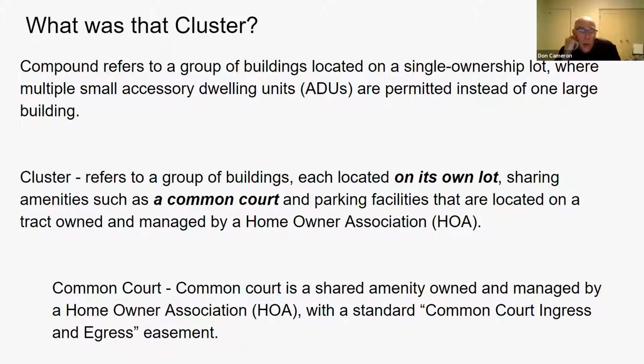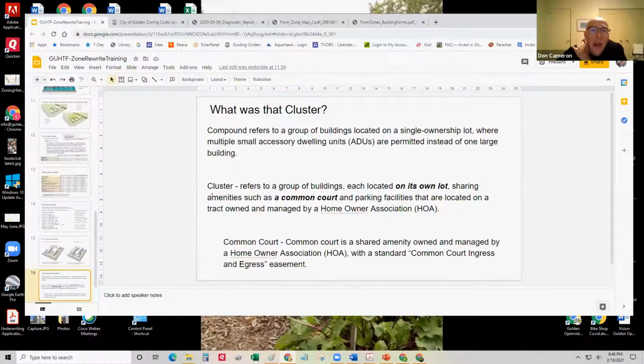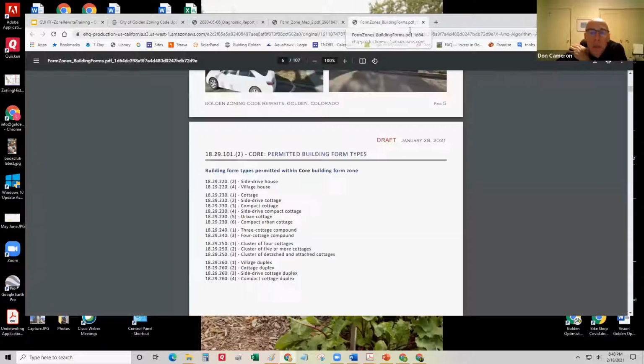Whereas a cluster, somebody could literally split their lot, and this is a big change. They could split their lot and allow much, much smaller dwellings on a smaller footprint to exist with private independent ownership. They might be in an HOA if there's common land, but in any case, it's a very different model than exists today.